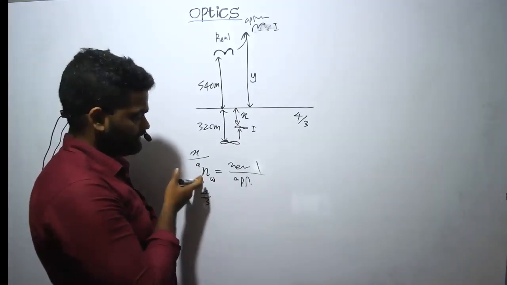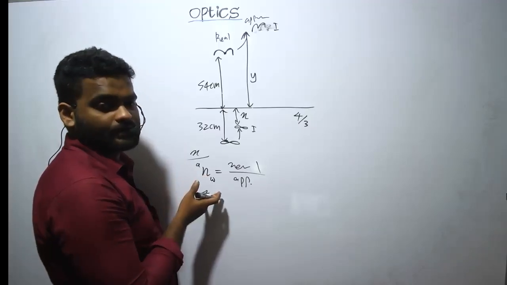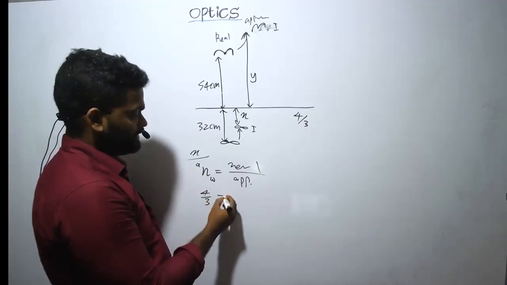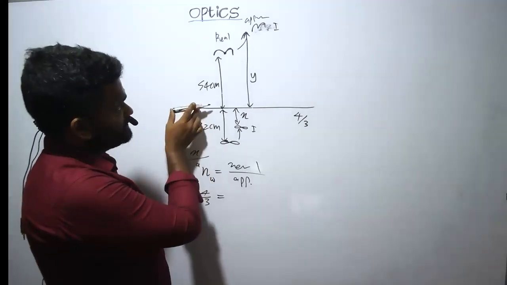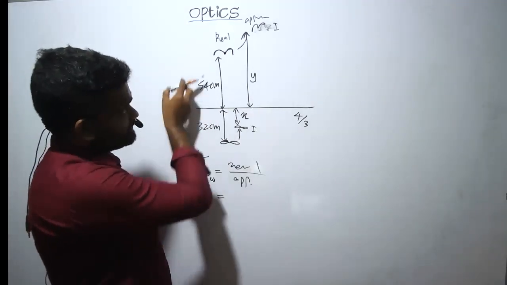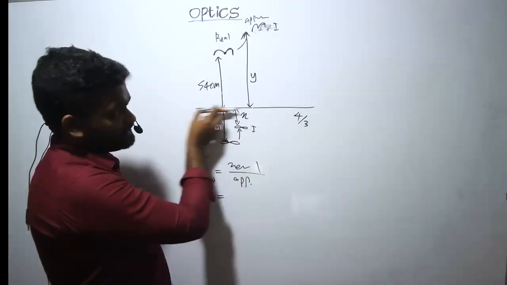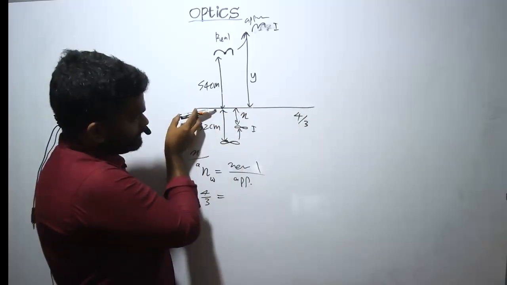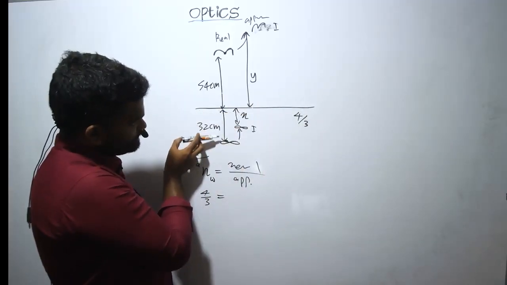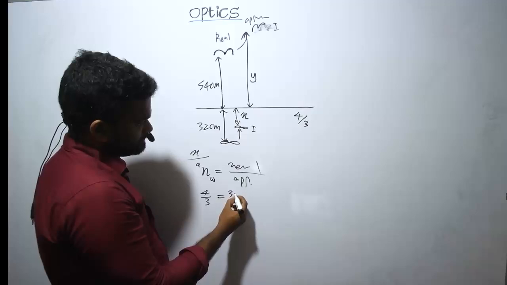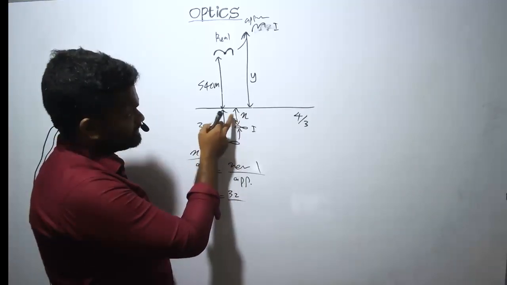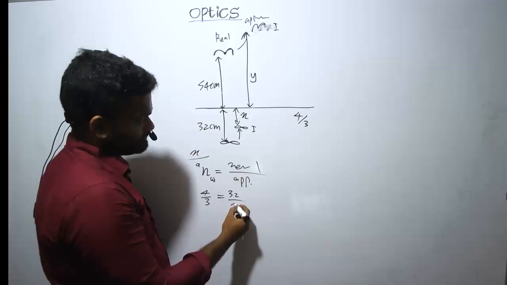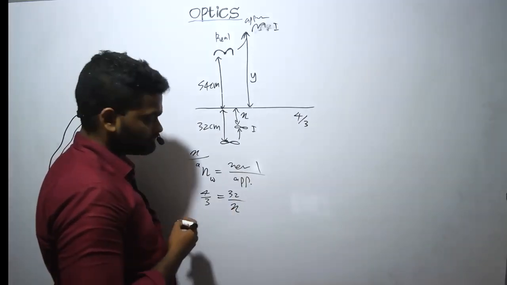The absolute refractive index is 4/3. Real depth is what? You measure the depth from the interface, not from here. The fish is at a depth of 32 centimeters. That is the real depth. Apparent depth is simply x.